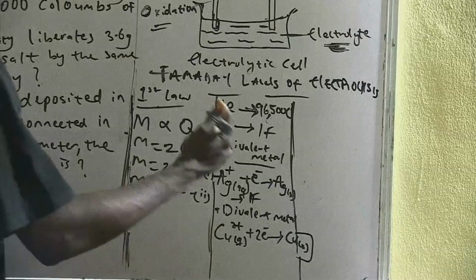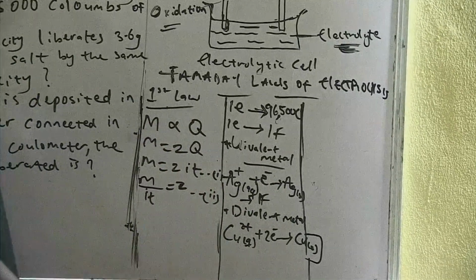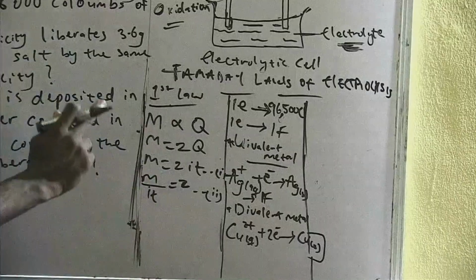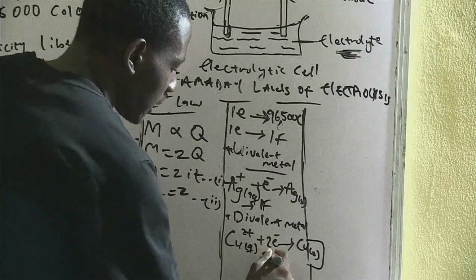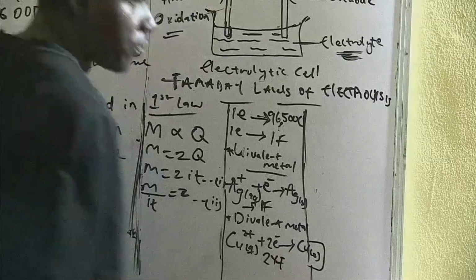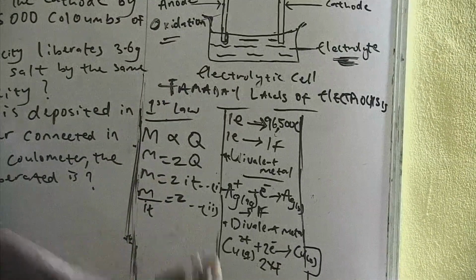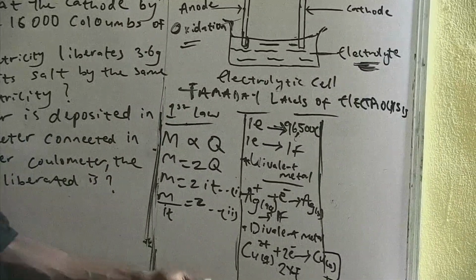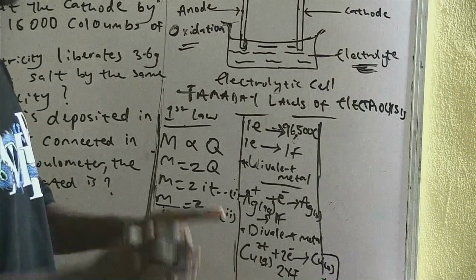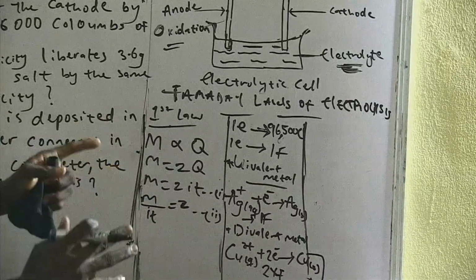If I ask you what is the quantity of electricity required to deposit 1 mole of copper, what I expect you to tell me is 2 times F, that's 2 Faraday, so 2 times 96,500, and that gives you the answer automatically. These are questions we see in JAM. So I hope you understand the concept now.